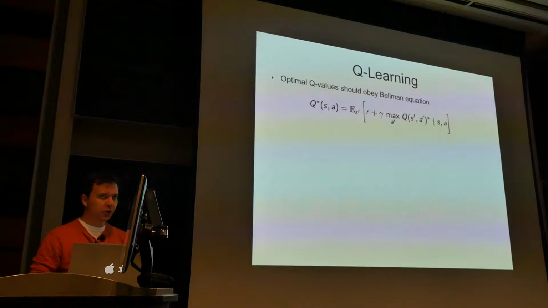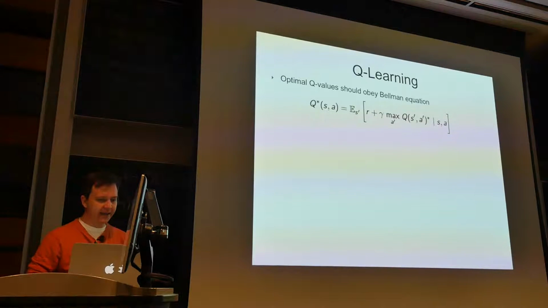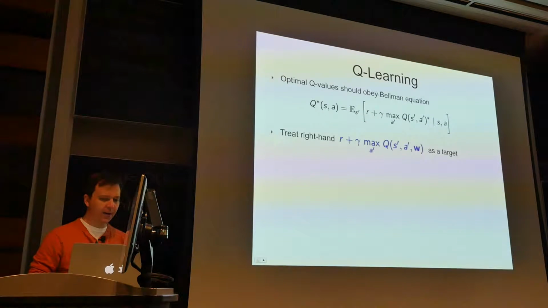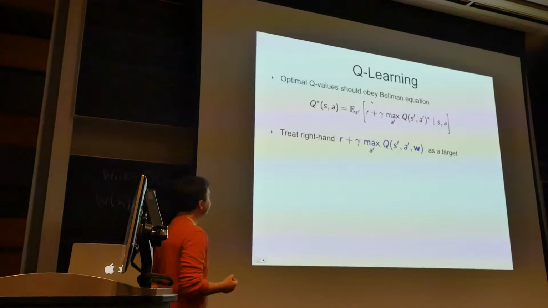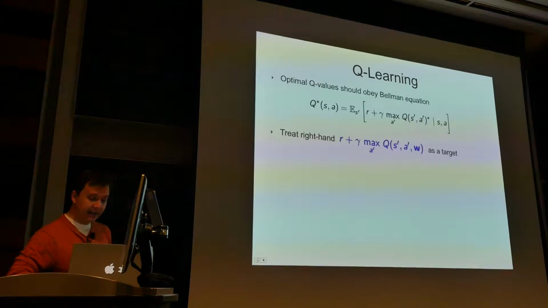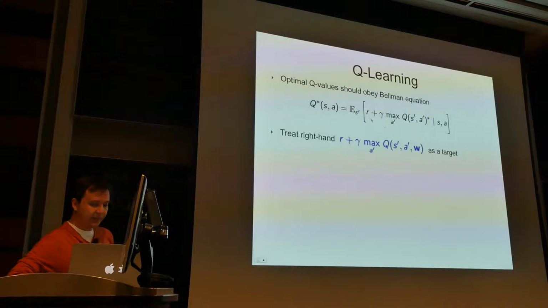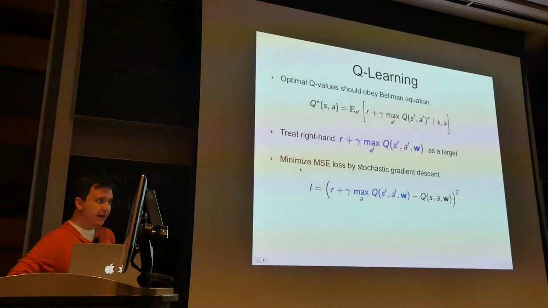So, Q learning. How is Q learning being done? Let's just revisit that again. The optimal Q value should follow the Bellman equation, right? So what we're going to do is treat the right-hand side as a target, and we're going to minimize the mean squared error by stochastic gradient descent.